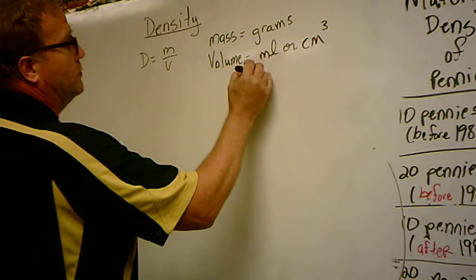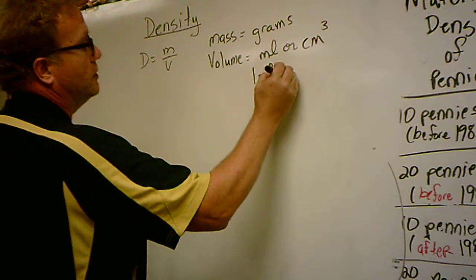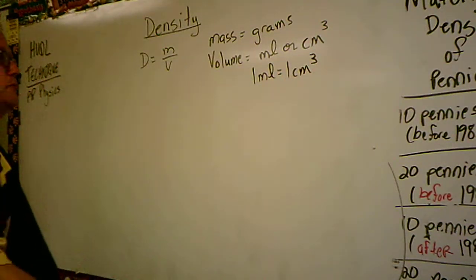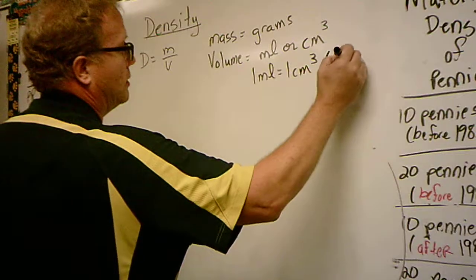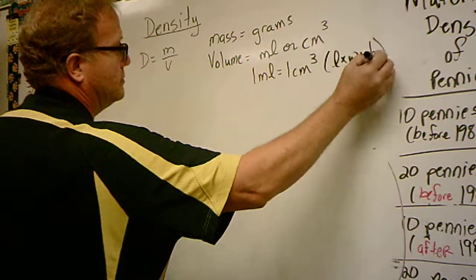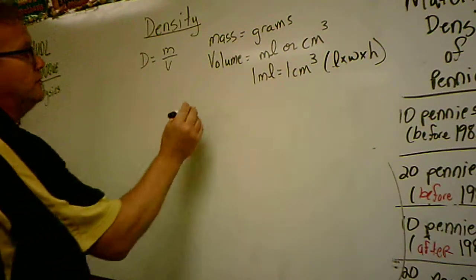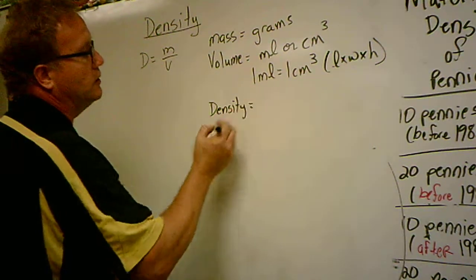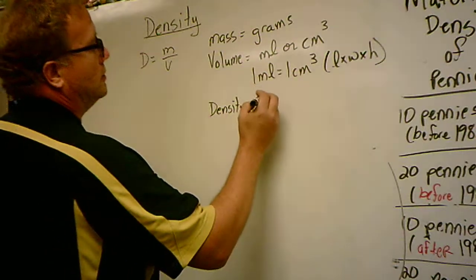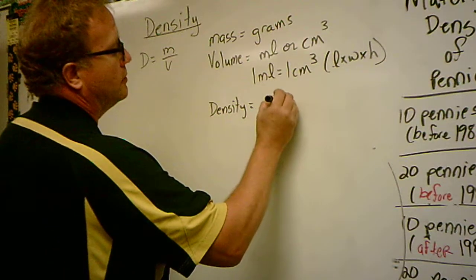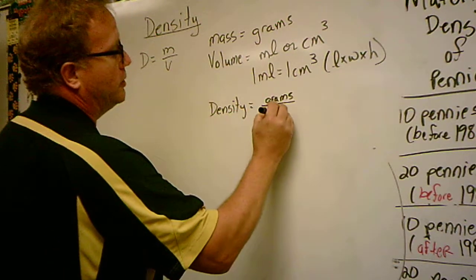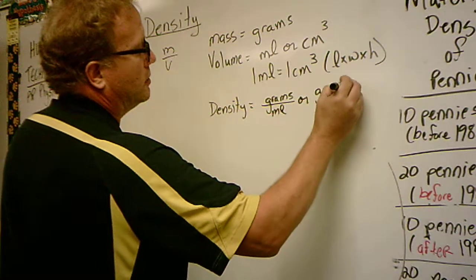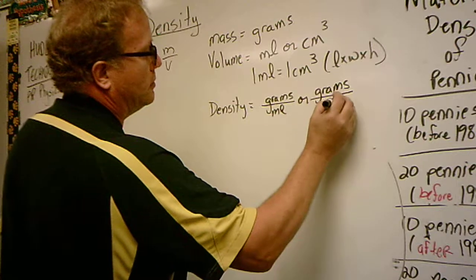So that would also mean that 1 milliliter equals 1 cubic centimeter, which would be length times width times height. And so density would have to equal grams per milliliter or grams per cubic centimeter.